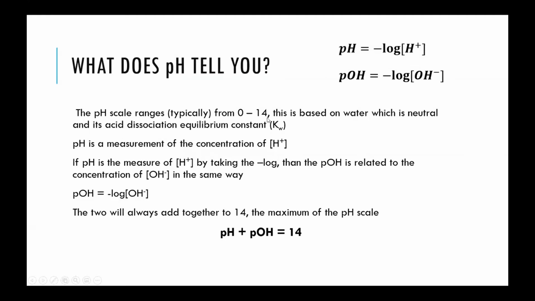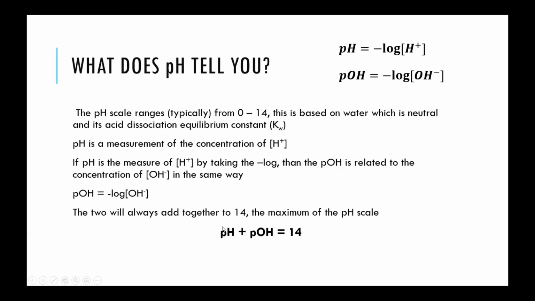The pH value can also give you the concentration of base. Because the pH ranges from 0 to 14 based on the equilibrium dissociation constant of water, Kw, from the pH you can also determine the pOH. The pOH is the negative log of the concentration of OH-, or the concentration of hydroxide base.